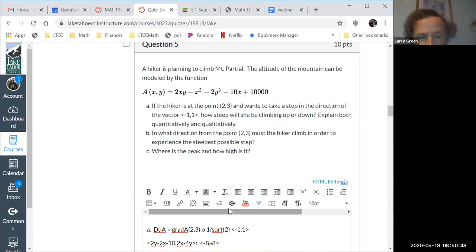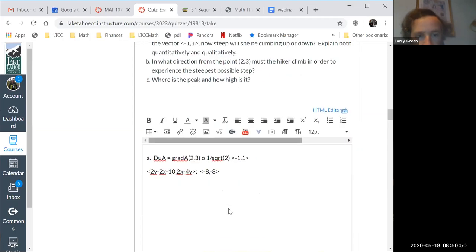Okay, so now we just do the dot product. Let me just write it out. I'm going to write 1 over square root of 2, that's just going to be there. And then times the dot product of -8, -8 with -1, 1.